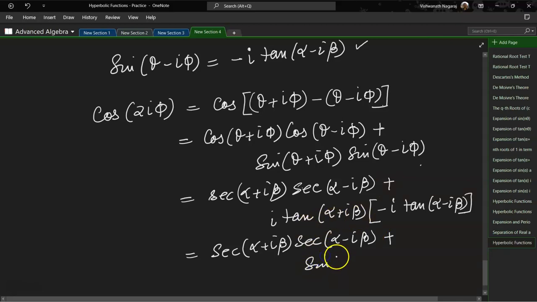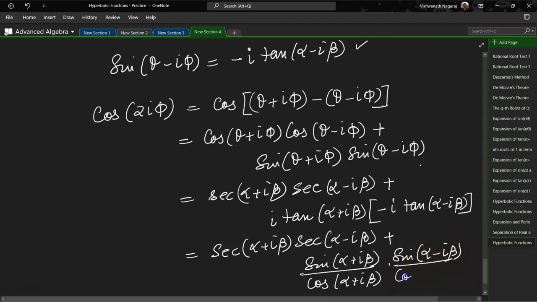Let's write it in terms of sine: sin(alpha + iβ) by cos(alpha + iβ), times this tan, also written in terms of sine, sin(alpha − iβ) by cos(alpha − iβ).